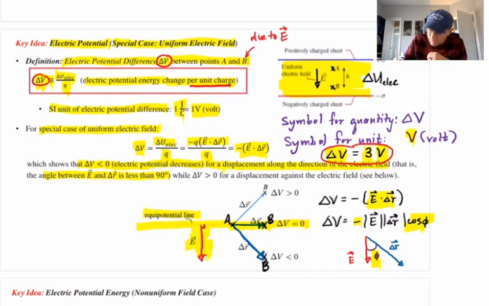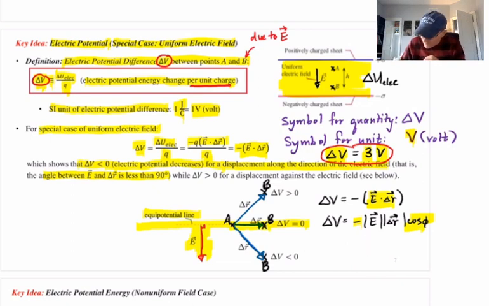What, excuse me, what if the point B is somewhere up here, above point A, so that the displacement vector delta R looks like that? Now what do we conclude about the potential difference as I go from A to B?